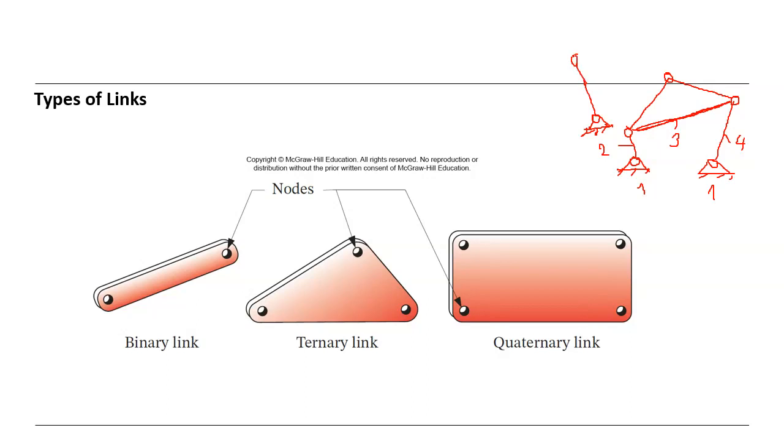So in that way, this we call ternary, and this is binary here. This one we call binary, and this is ternary.